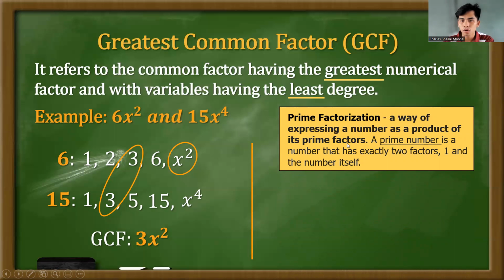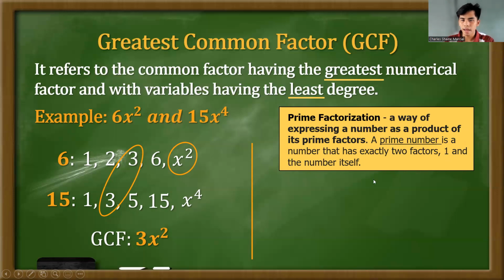Kung maaalala nyo, yung prime number is a number that has exactly 2 factors, only 1 and the number itself. So kailangan pag kukunin natin yung prime factor, 1 and number itself na lang yung natitira.